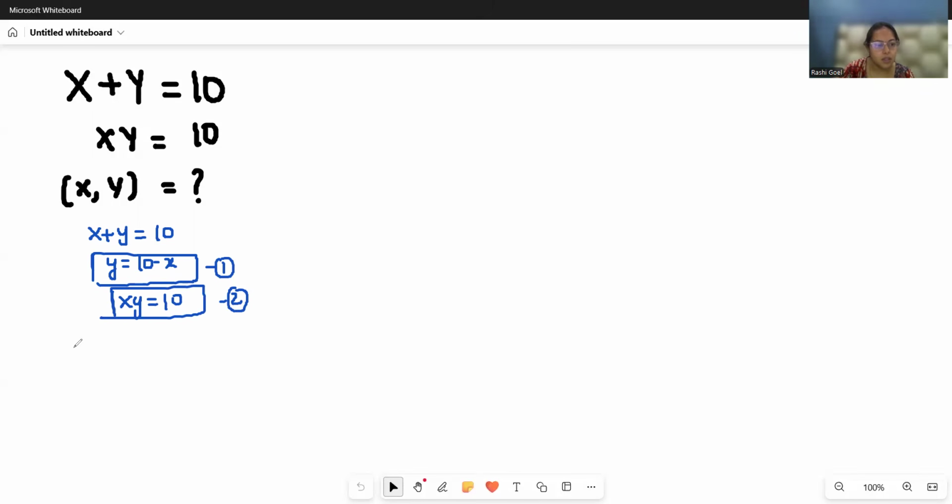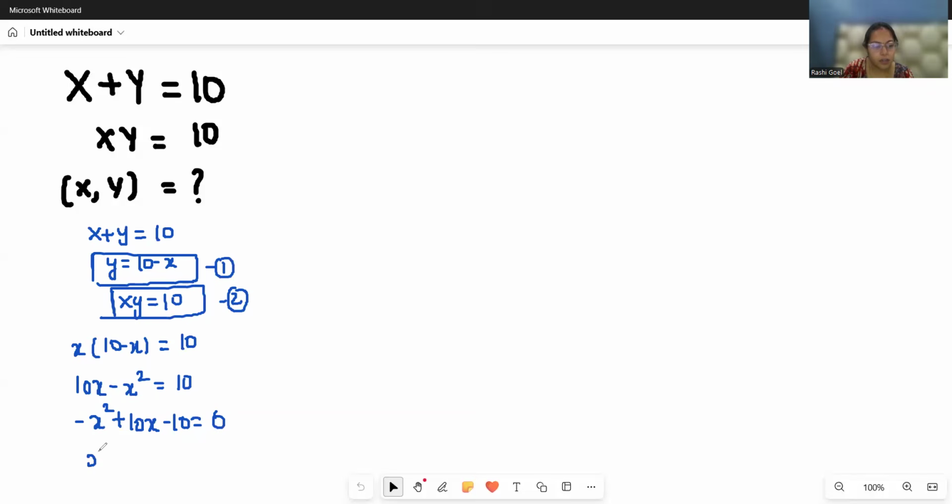So it becomes x, bracket, in place of y we can write 10 minus x, equal 10. So this becomes 10x minus x square equal 10. So it becomes minus x square plus 10x minus 10 equal 0.